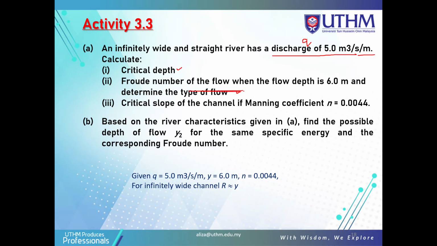Third, find the critical slope of the channel if the Manning coefficient N is 0.0044. Then, based on the river characteristics given in A, find the possible depth of flow Y2 for the same specific energy and the corresponding Froude number, with the same Froude number that we find from A.